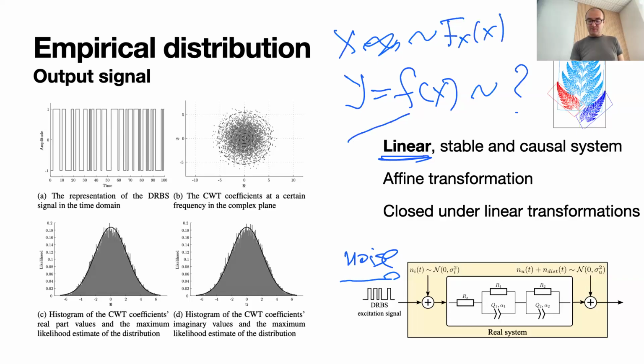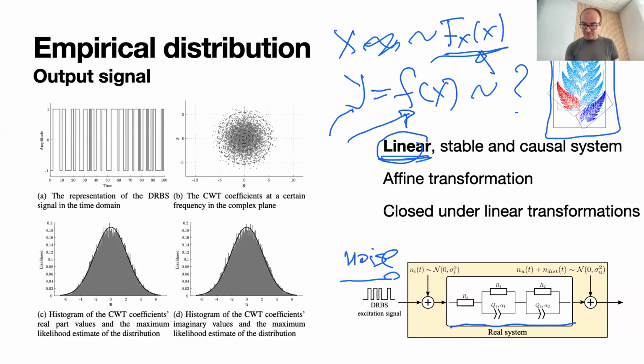Well, if this y = f(x) is linear, which in our case is, because we have a linear system, it means that under some cases of the original distribution, the output distribution will belong to the same family. What does this mean? Focus on this figure here. Assume that we have some shape, and this is our input distribution, and we do some linear transformation.